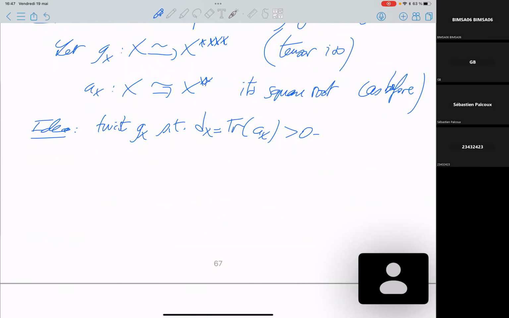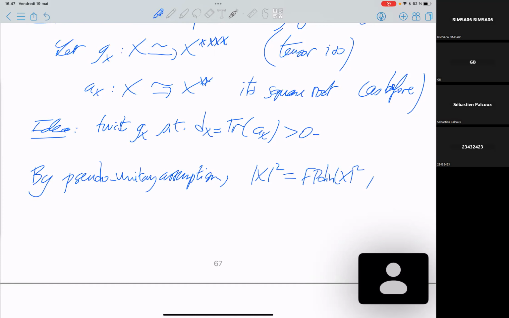Okay, so by the pseudo-unitary assumption, the square norm of x is the square of the Frobenius-Perron dimension of x, for x a simple object.